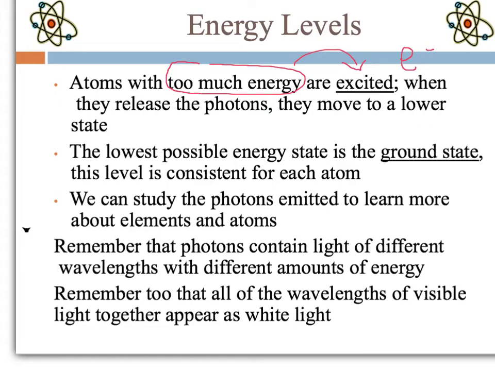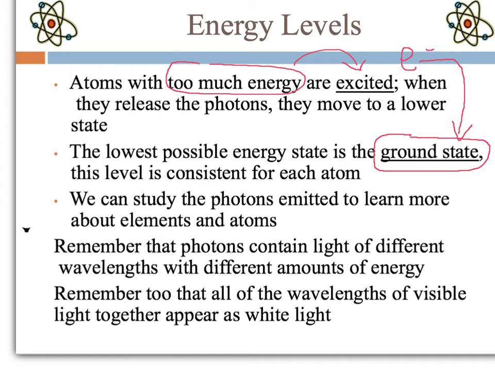They will very quickly try to release that energy and get back to their stable condition, which is called the ground state. That's the lowest possible energy condition for any element or atom. Every element has its own ground state, and it has its own excited states. They're unique to each element, and we'll talk more about that as we go.